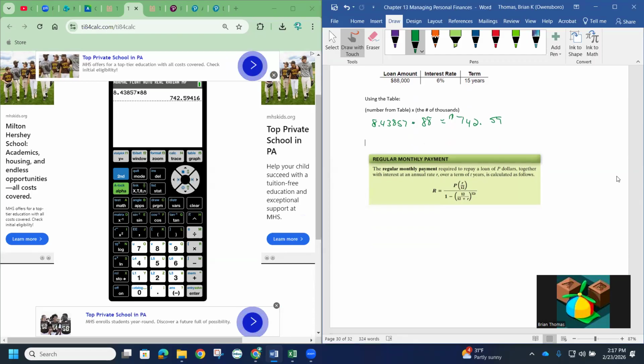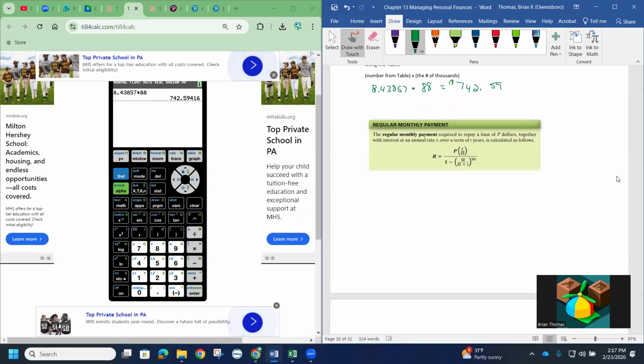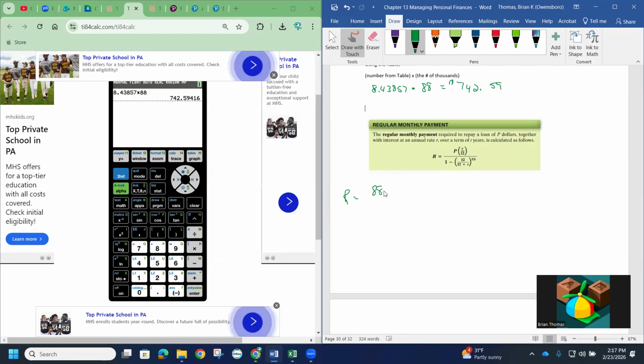So if I want to use the formula to find our monthly payment, our principal was the 88,000. Our interest rate was 6%, so it's going to be 0.06 divided by 12.